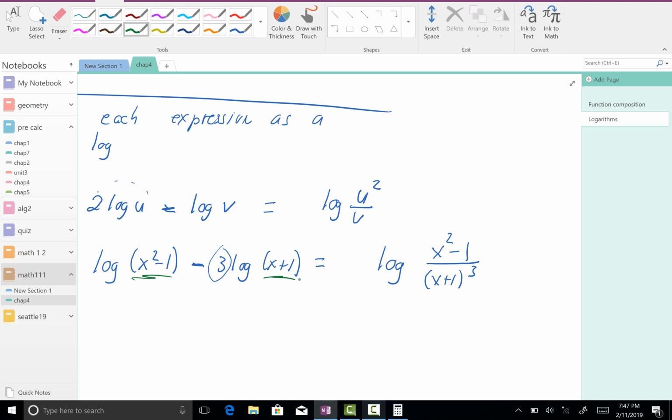Let's do one of these. Yeah, 27 is one then. That's a good one. That's a calculator thing, that's not so bad.